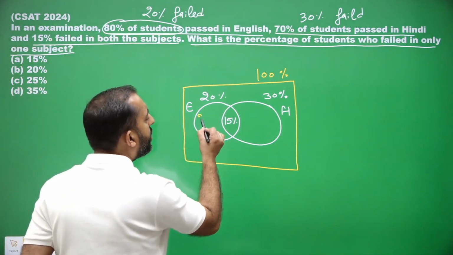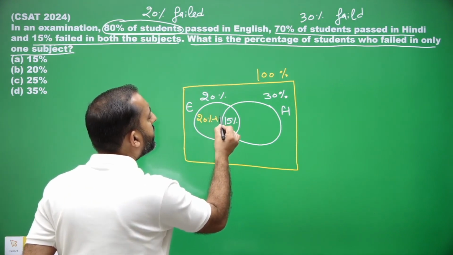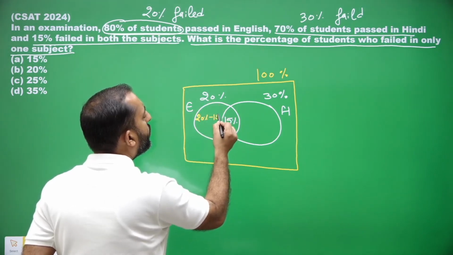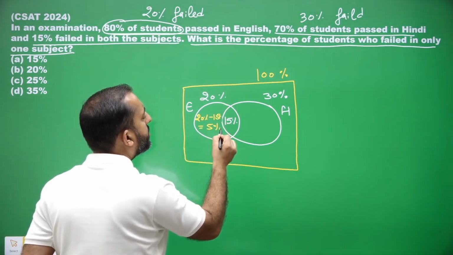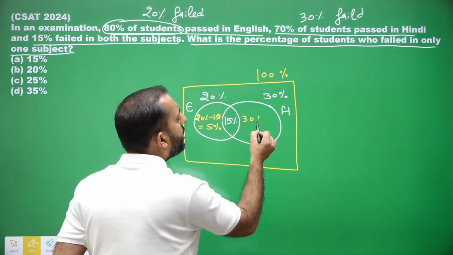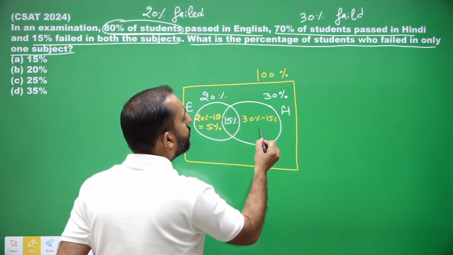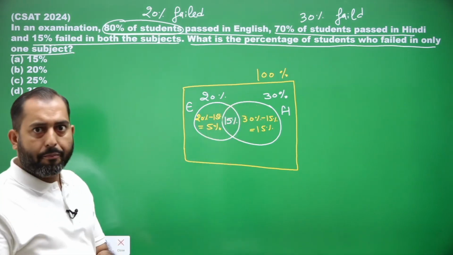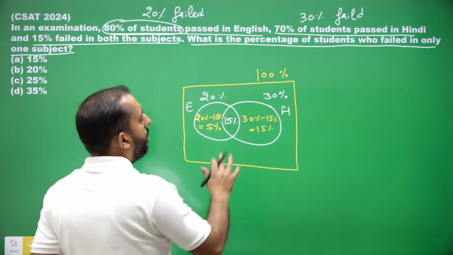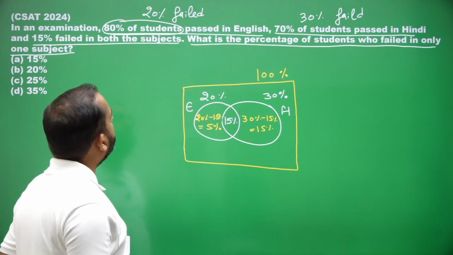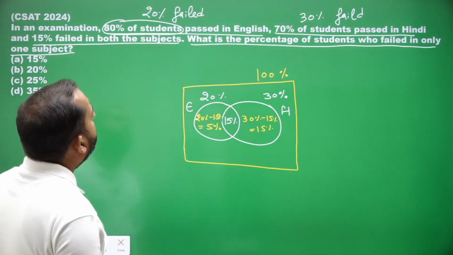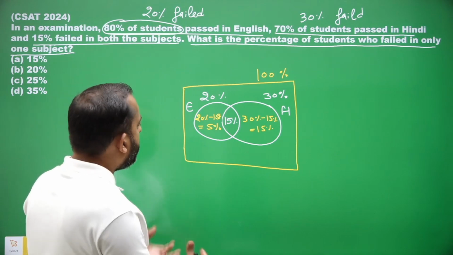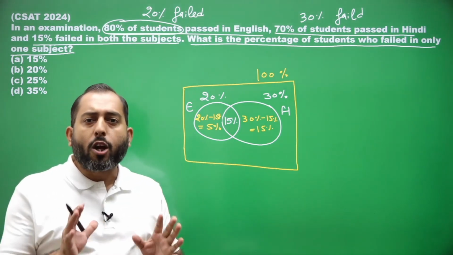So count of students who failed only in English will be 20% minus 15%, which is 5%. And number of students who failed only in Hindi is 30% minus 15%, which is 15%. Apart from these two circles, the value of the remaining region is not required here.